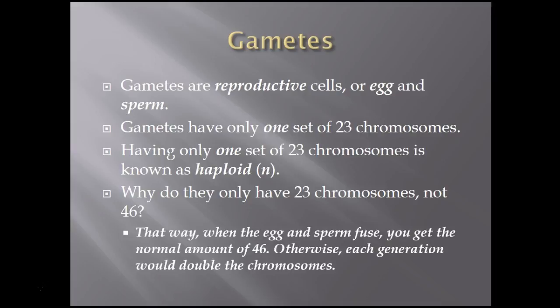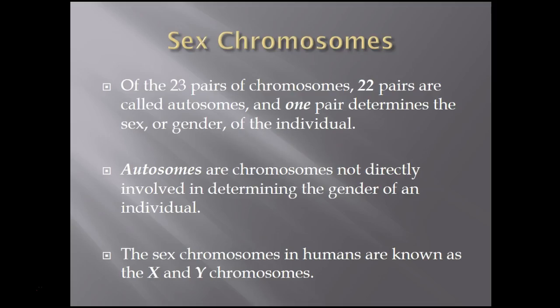If you think about it, of course, when an egg and sperm fuse during fertilization, that's going to get you back to the diploid number 46, and then that fertilized egg is going to go through the cell cycle, copy its DNA, so you're going to have 46 chromosomes every time that cell splits and divides. Of the 23 pairs of chromosomes, 22 are called autosomes, and one pair determines the sex, and those are sex chromosomes.